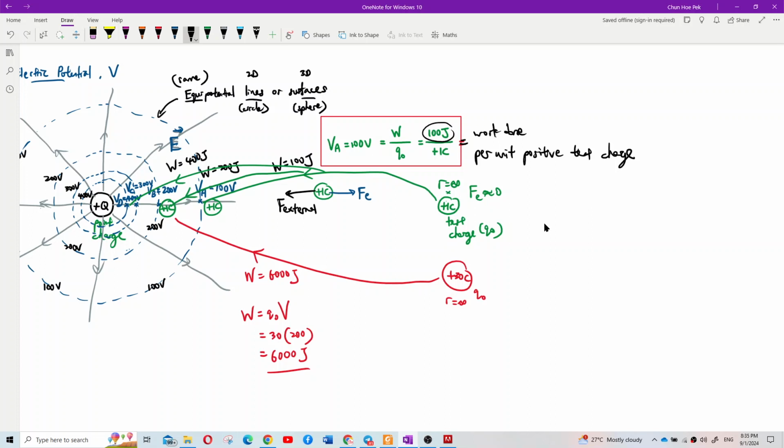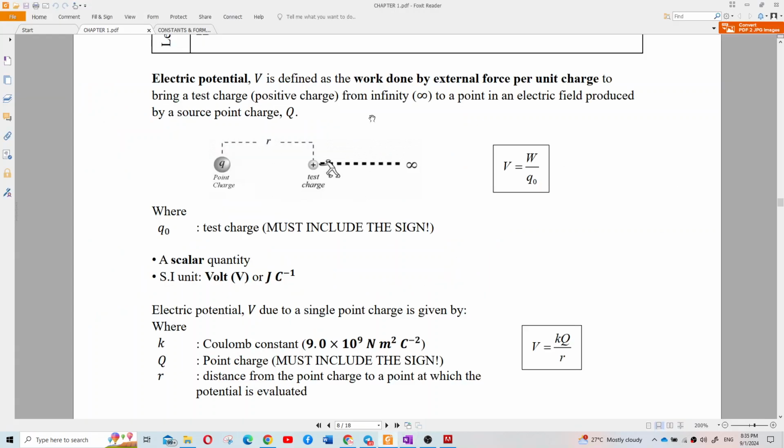Per unit positive test charge means positive 1 coulomb, work done for 1 coulomb. Per unit means 1. It must be positive test charge. It is the work done per unit charge to bring a test charge from infinity to a certain point in the electric field. This electric field is produced by the point charge. That is what it means.